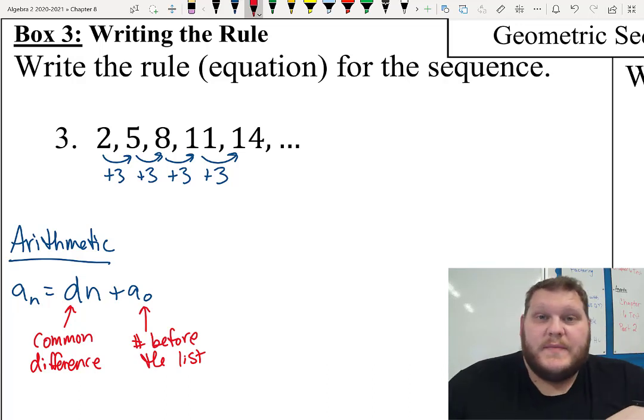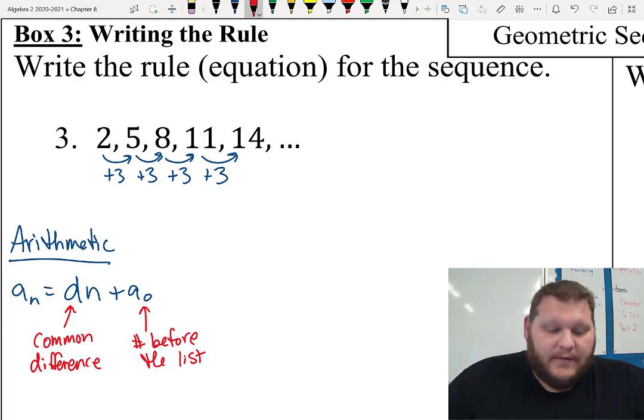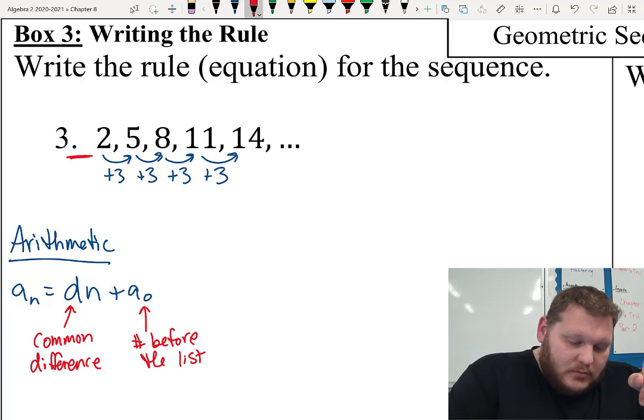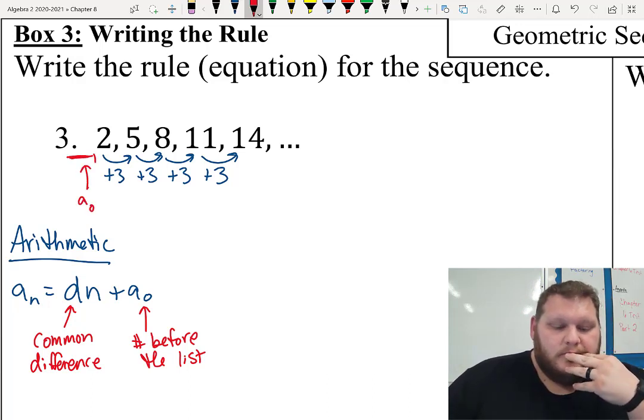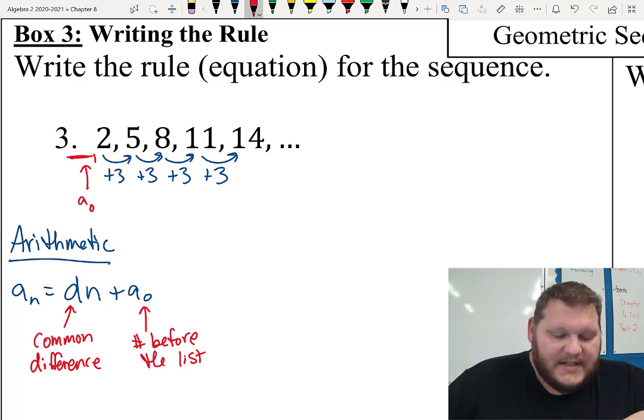So like 2 is my first number in the sequence. Whatever would have to come right before my 2, that's a sub 0. D is my common difference. We already identified that as being positive 3.